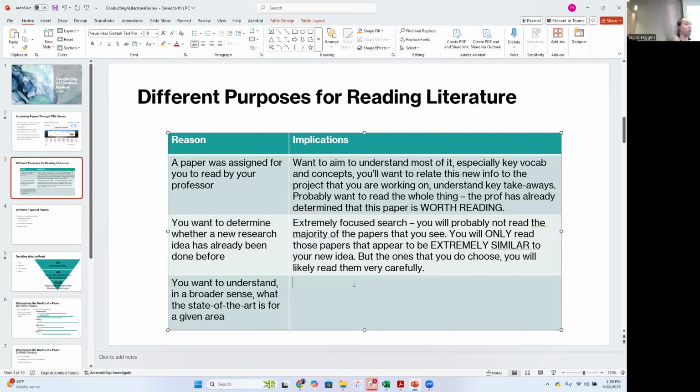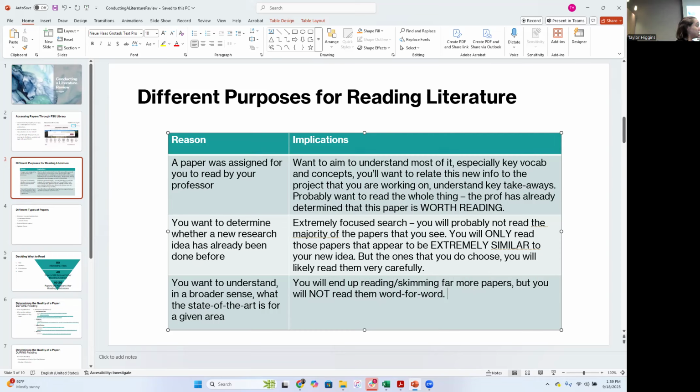You need to cast your nets wide and get a rough understanding of what's happening everywhere. Okay, so you will end up reading or skimming far more papers, but you will not read them word for word. Okay. Any questions so far?